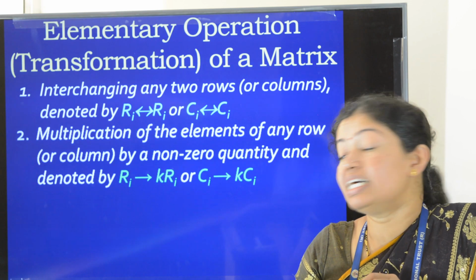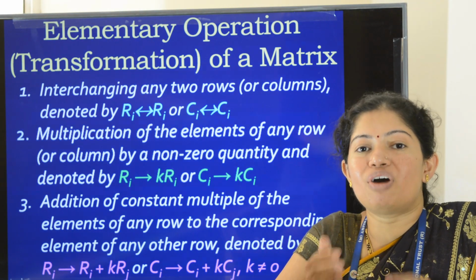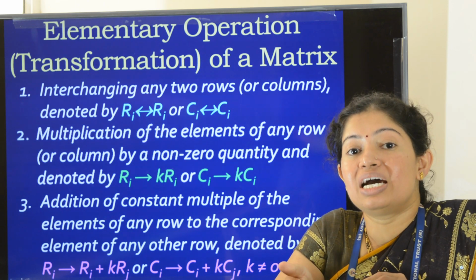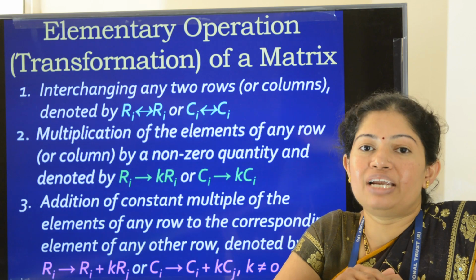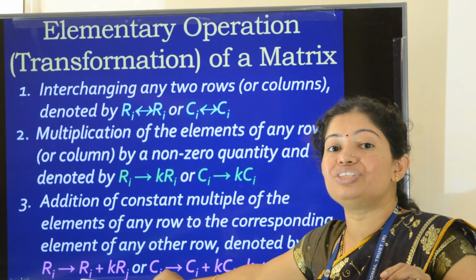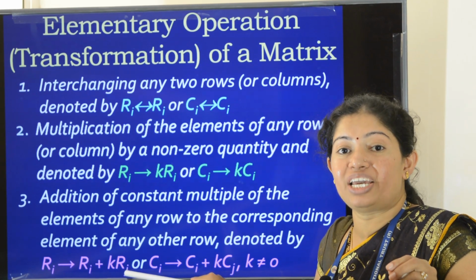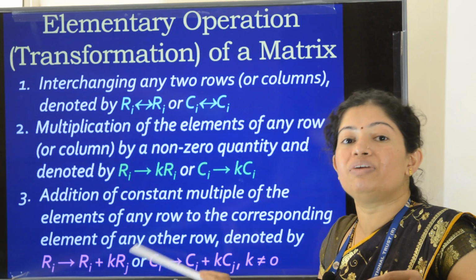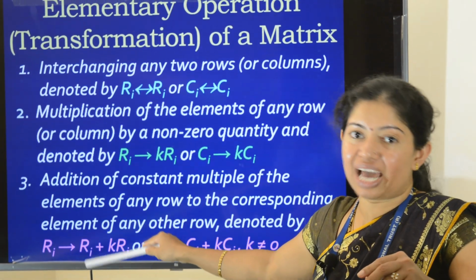Next, the third operation is you can add elements of any row with the corresponding elements of any other row multiplied with a scalar. See here, observe, Ri changes to Ri plus k times Rj. Means what? The jth row we multiplied by a scalar k, then we added it to the ith row.